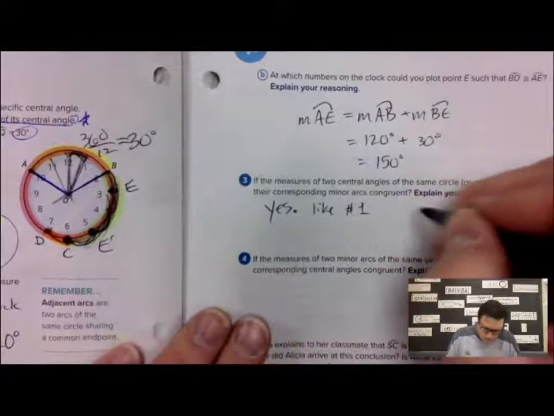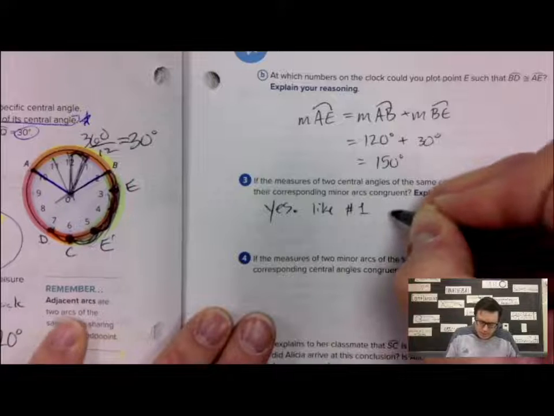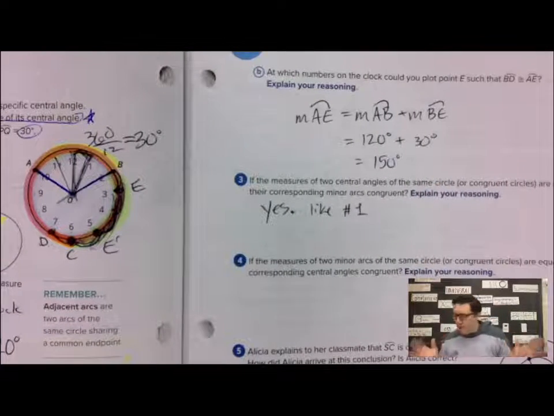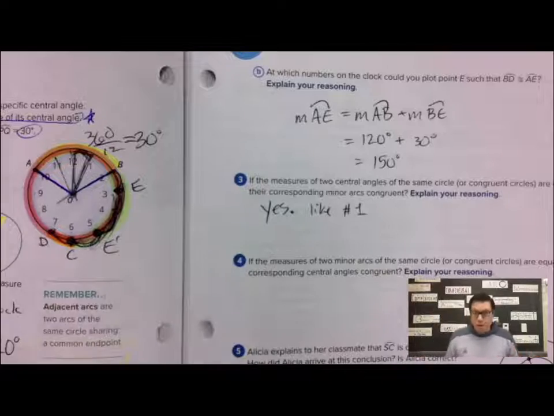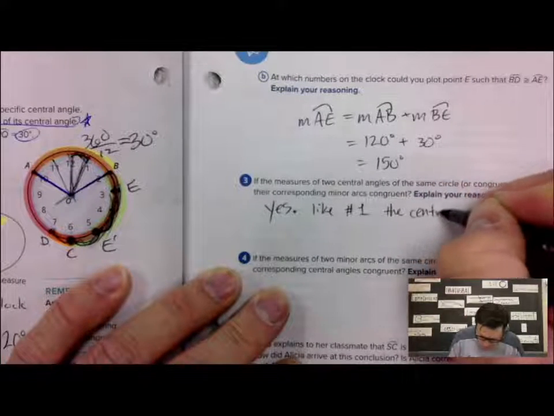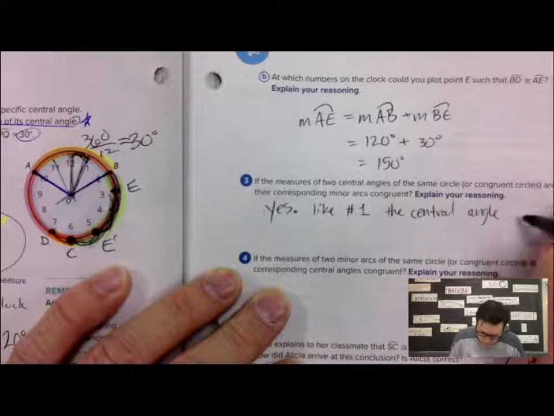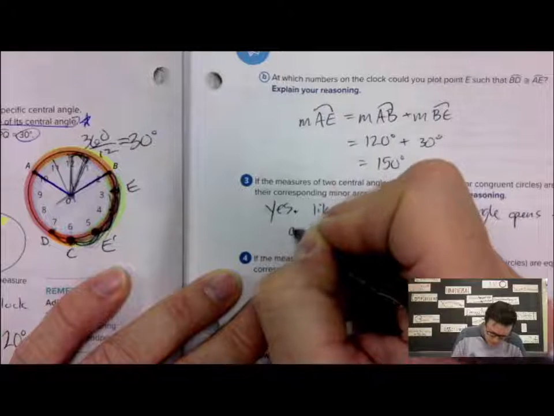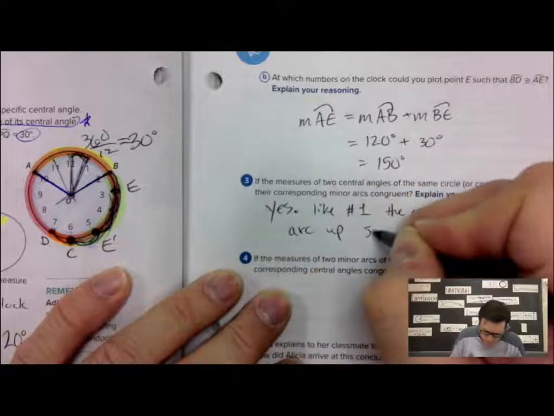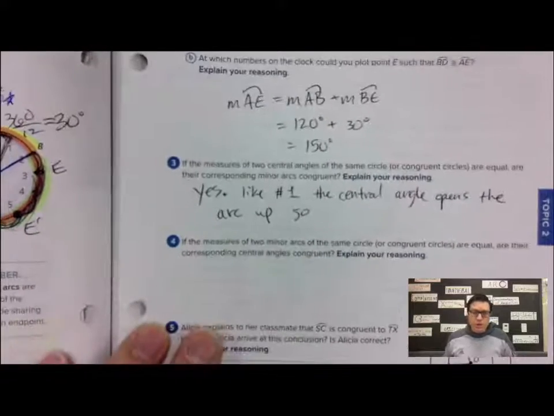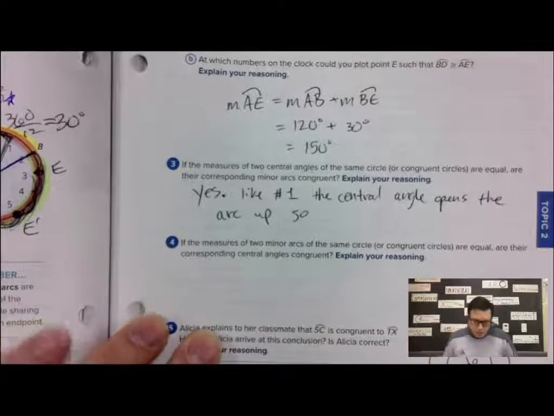Like number 1, the central angle says how far open the arc should be. So all central angles that have the same opening are all equal.